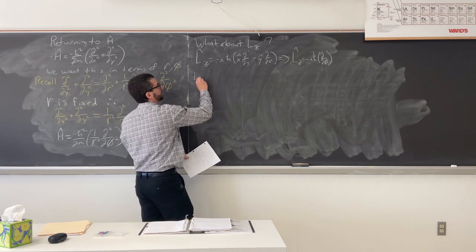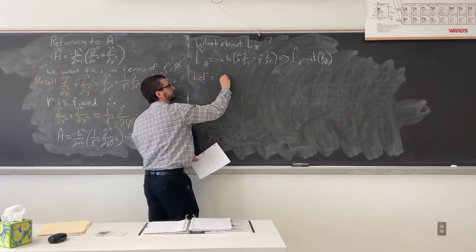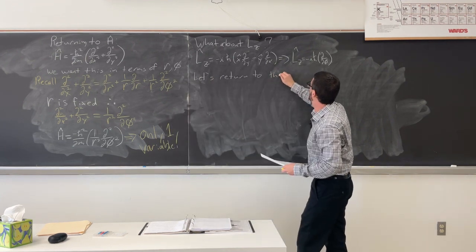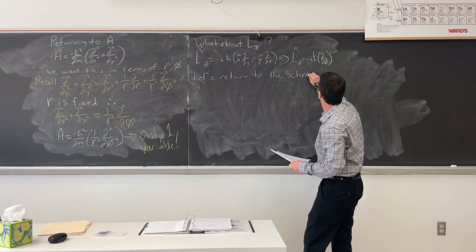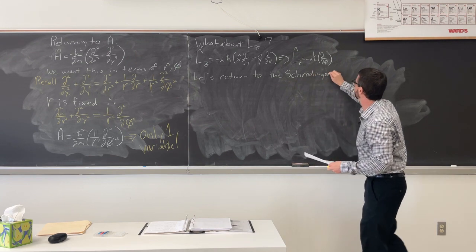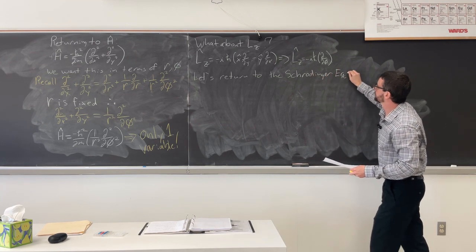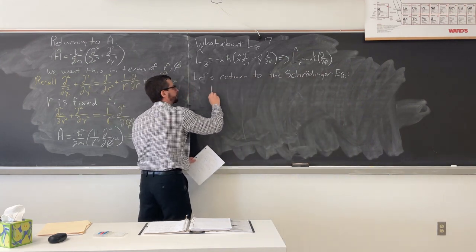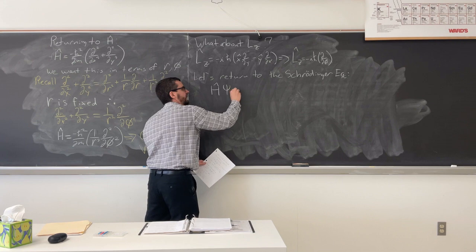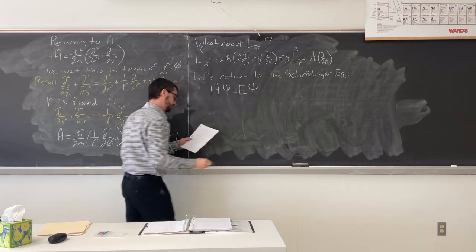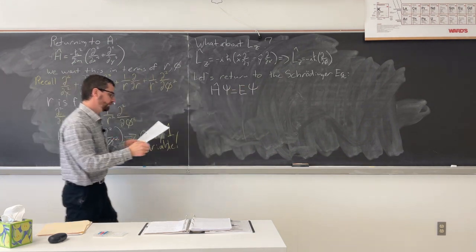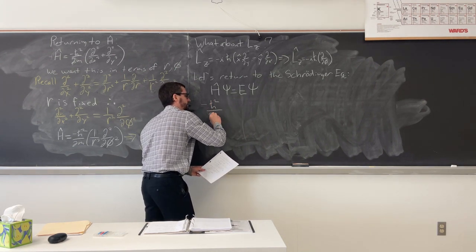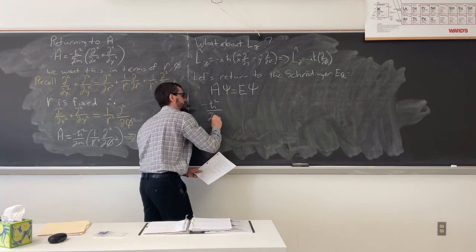Okay, so let's return to the Schrodinger equation for the system, H psi is equal to E psi. And we got to a point where 2m, I keep making my 2's bad.